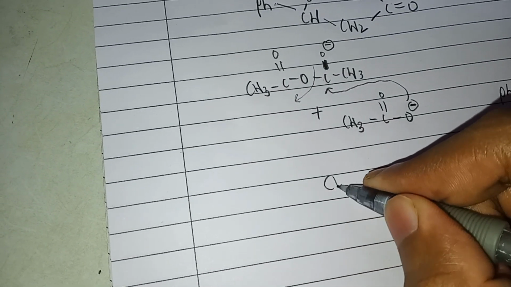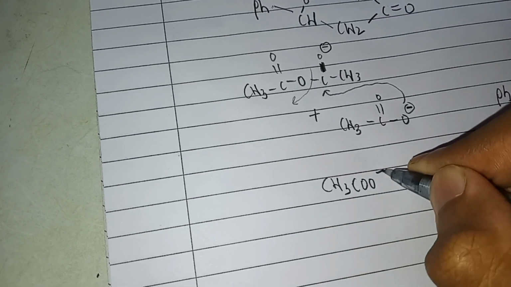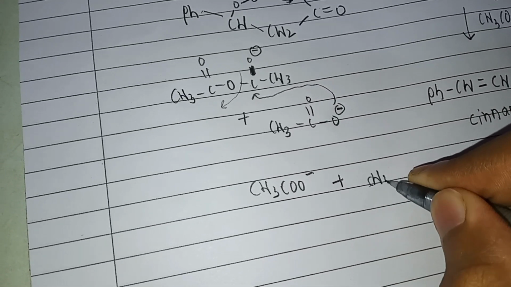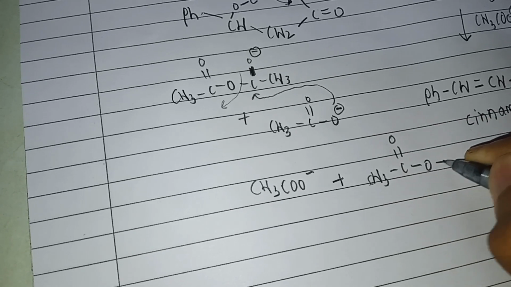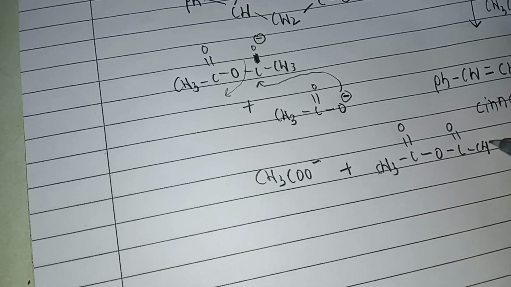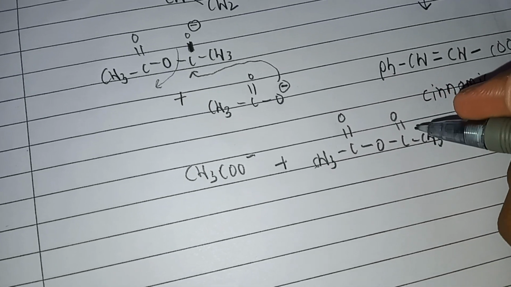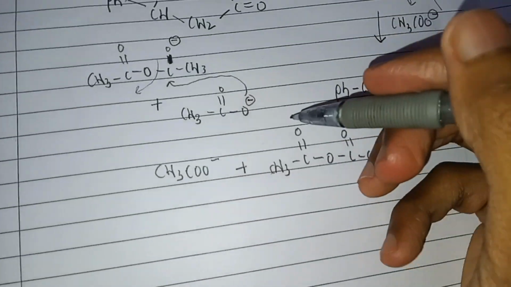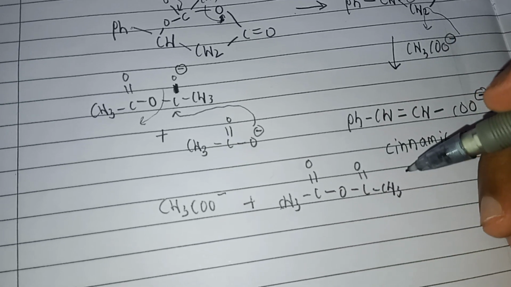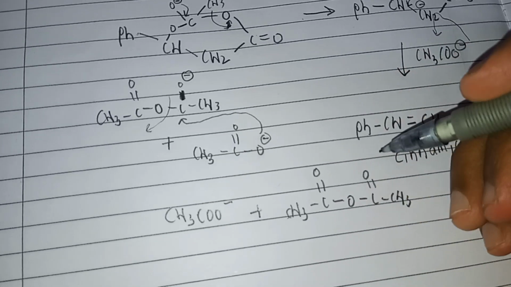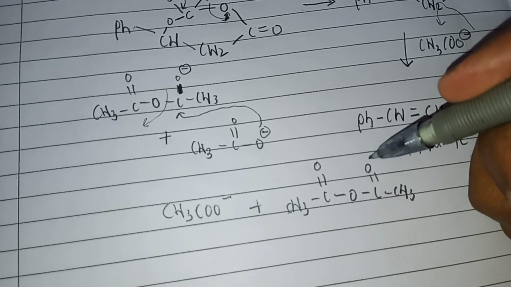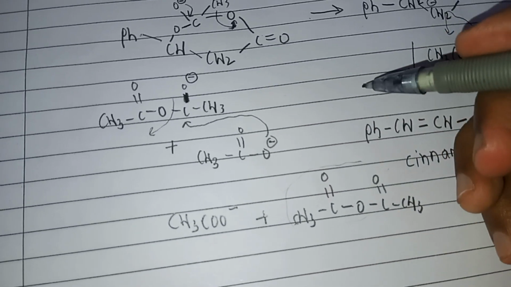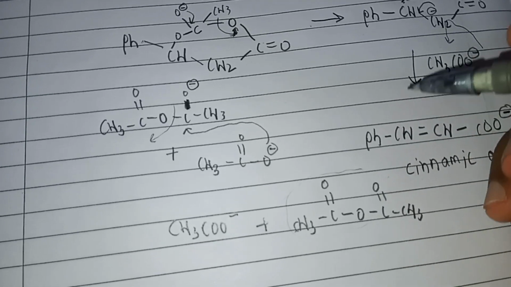So finally you would be having CH3COO minus plus CH3 C double bond O, C double bond O, CH3, which is the same acetic anhydride that you were using here. So if you had used anything else other than the salt of the given anhydride itself, then it would have led to something different. That is why you should use the salt of the given aliphatic anhydride itself.